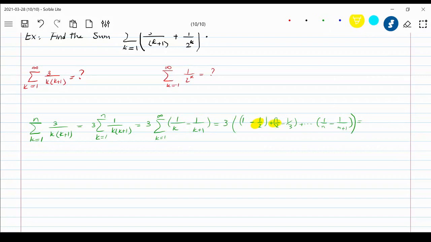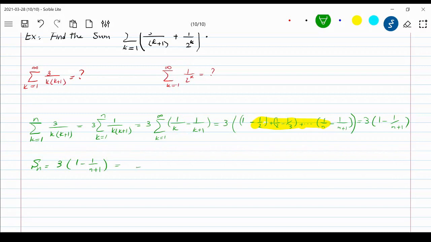This 1 half will cancel out, 1/3 and the next one will cancel out. All these terms will cancel out except the first and the last term. And this was simply 3 times 1 minus 1 over n plus 1. You don't need to continuously rewrite this. I just wanted to show you that the Sn is simply 3 times 1 minus 1 over n plus 1.